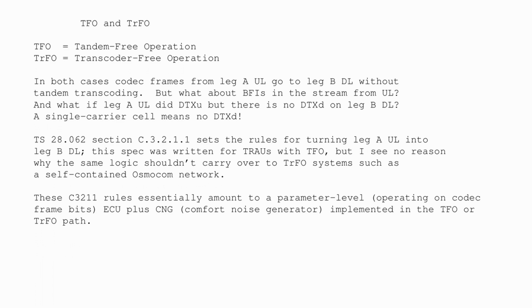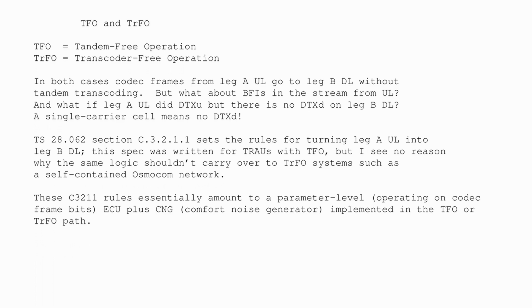TFO is what would happen in the original classic architecture, where you would have the transcoder, physically implemented as a TRAU, the transcoder rate adapter unit. Every individual call leg would always pass through the TRAU, and the TRAU would convert every GSM call into a G.711 64 kilobits per second call.